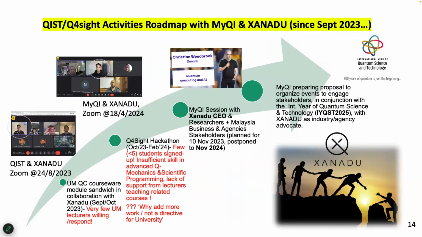We started to work with Xanadu in 2023 and got an MOU already. We started the trainings using PennyLane, and the next step is more about access to their quantum computers. You can see that when we use their hardware, you have to pay.